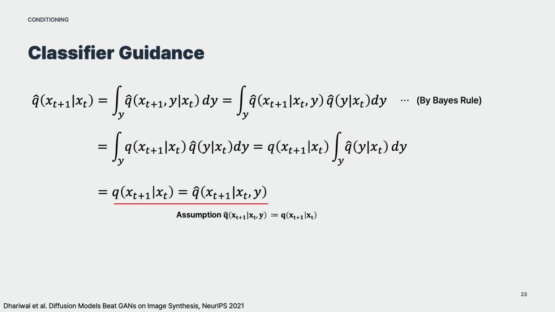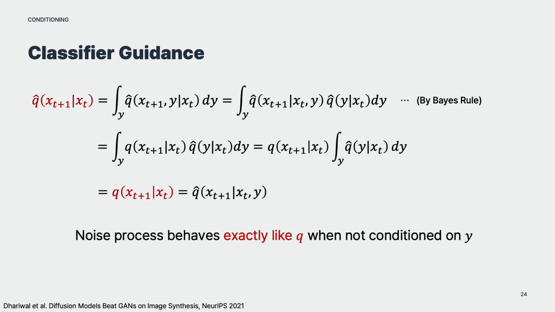For reference, this expression becomes equivalent to the following one based on our earlier assumptions. The key point to note here is the following two equations, which together imply that the noise process q hat is exactly the same as the unconditional forward process q.